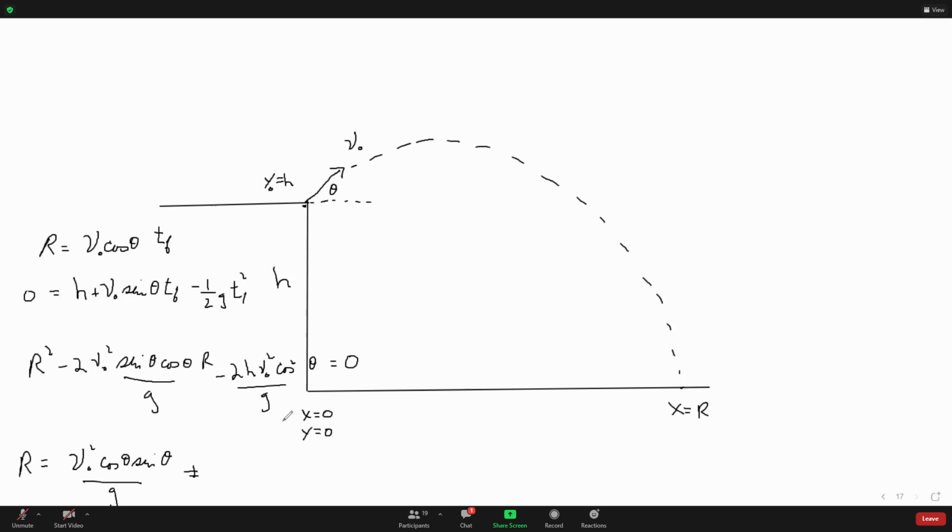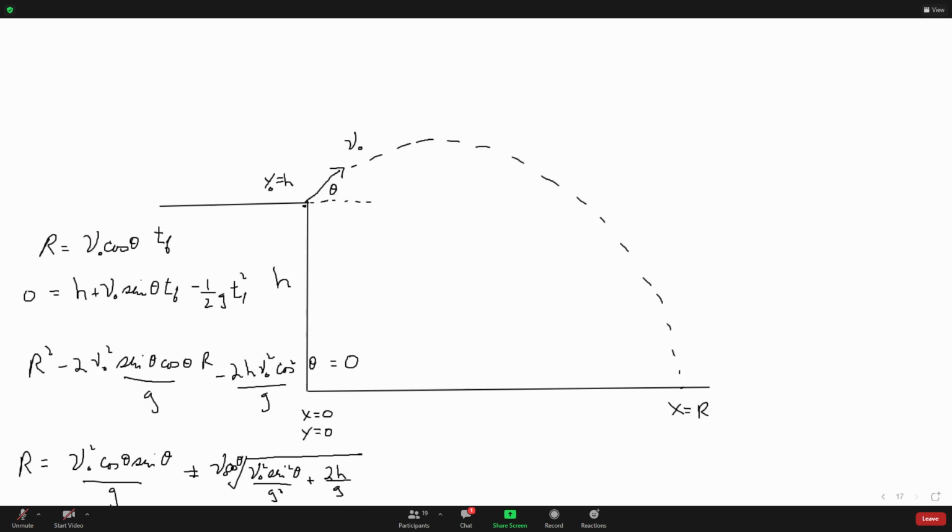plus and minus the square root of V0 cosine theta. I forgot to put that on front. And this is V0 squared sine squared theta divided by g squared plus 2h over g.